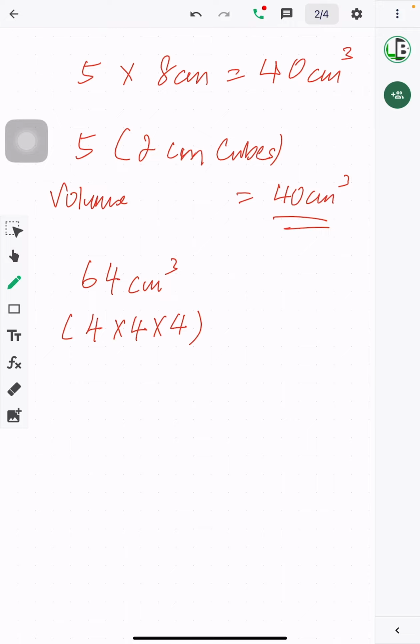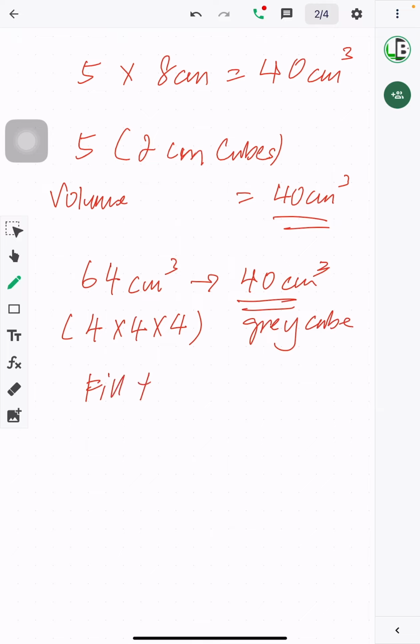So the volume of a cube of 4 cm is 64, and I need to take away whatever I already have for the gray cube. So then I will fill the rest with white cube, which is actually my 1 cm cube.